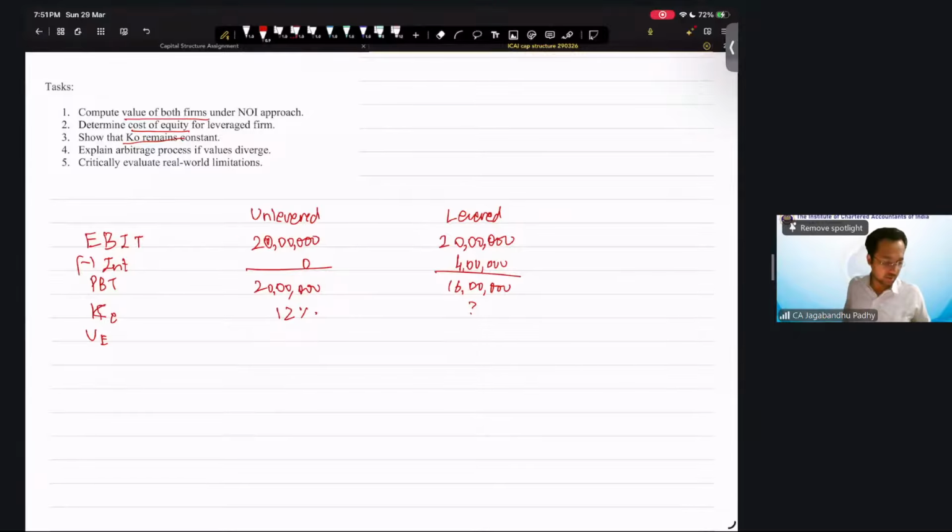This works out to be 1 crore 66 lakh 66,667. Since the value of debt is zero, the value of firm will be 1 crore 66 lakh 66,667.